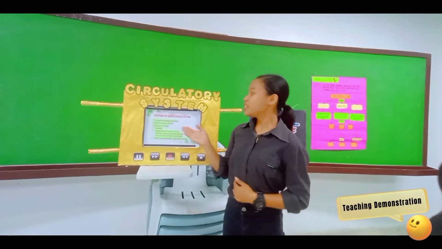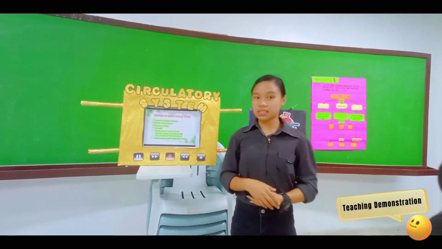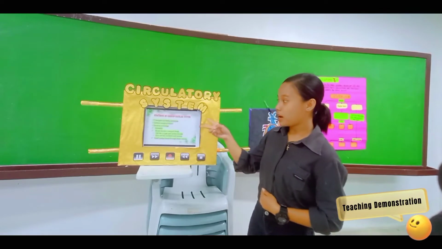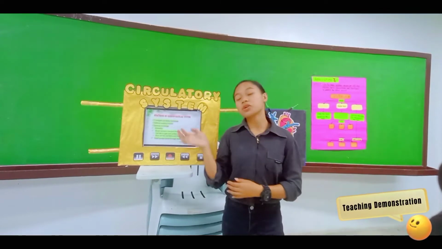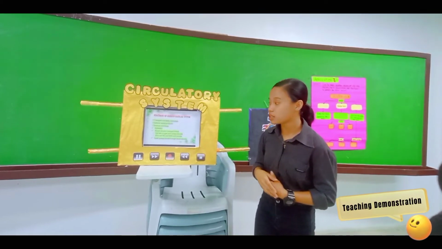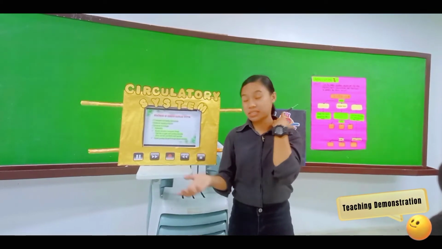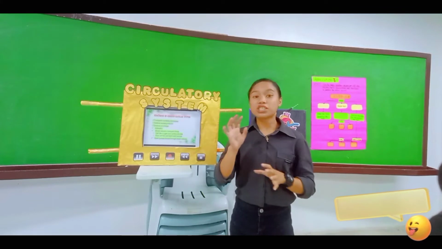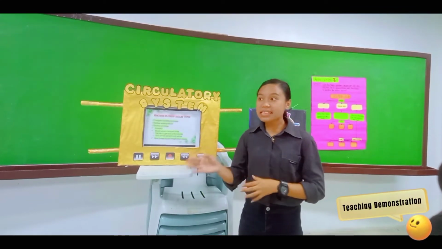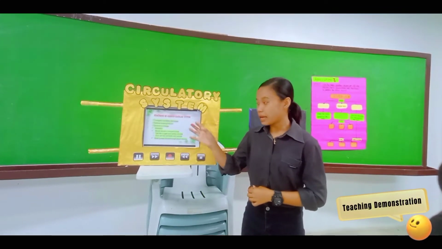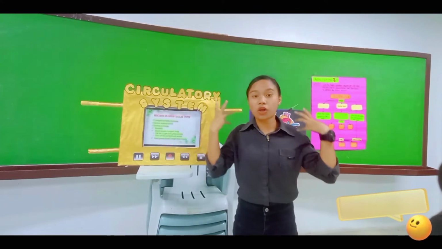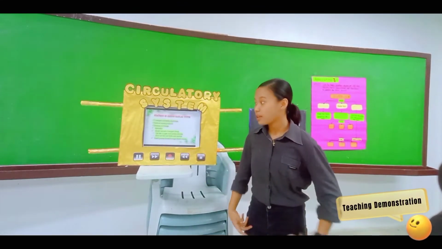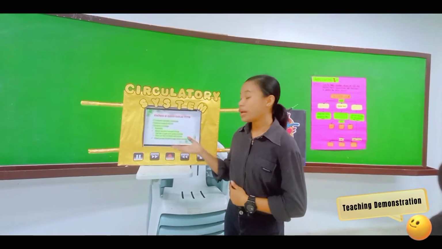Here are the functions of the cardiovascular system. First, it transports nutrients and hormones to parts of our bodies. Second, it removes waste products.